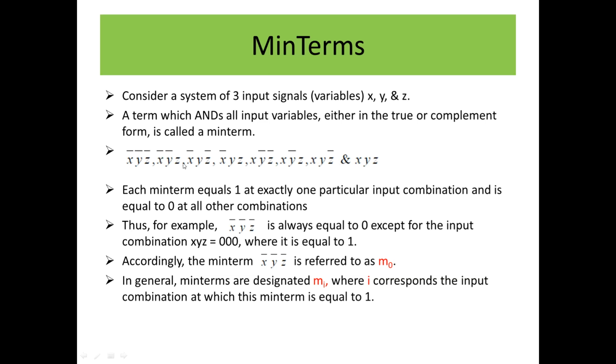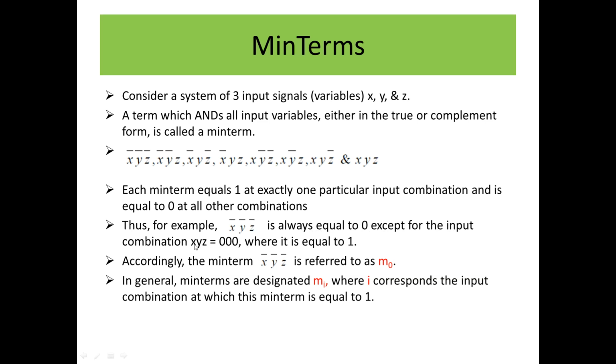So these are all minterms, and there are 8 minterms. Each minterm equals 1 at exactly one particular input combination and is equal to 0 at all other combinations. Thus, for example, x bar, y bar, z bar is always equal to 0 except for the combination 0, 0, 0.